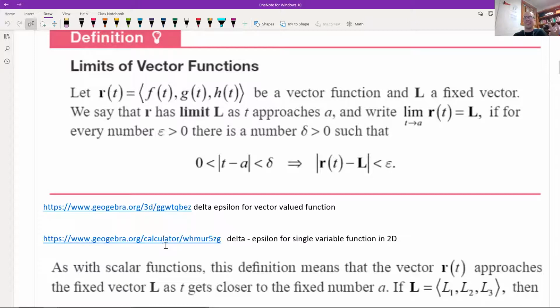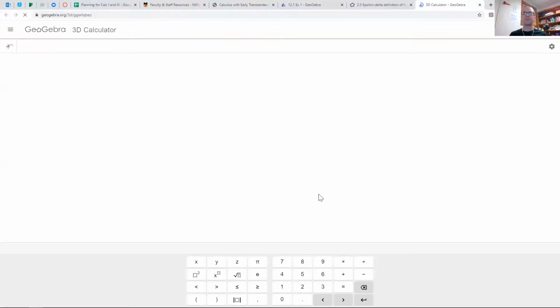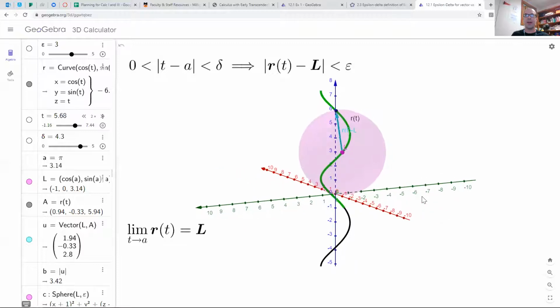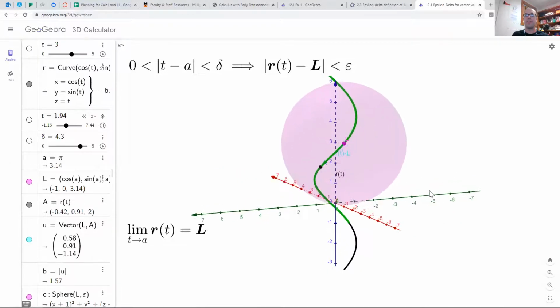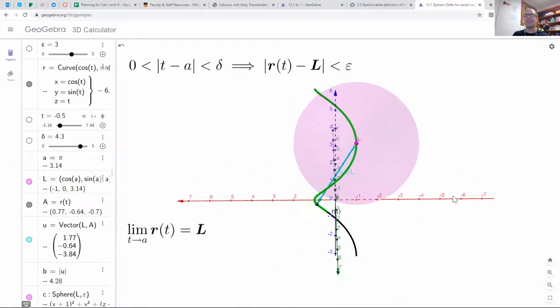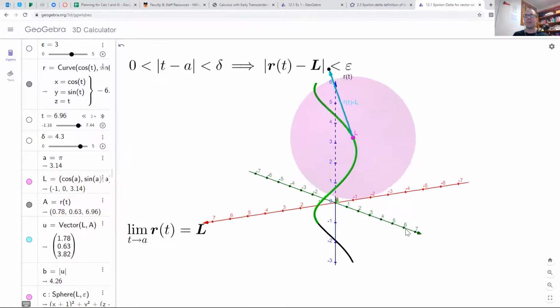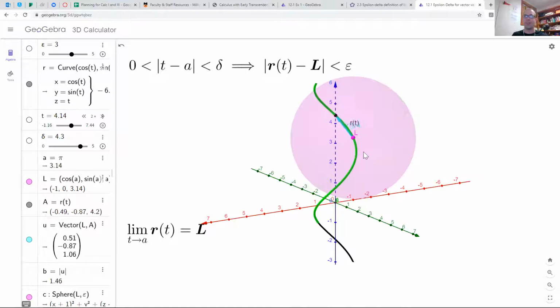We would call it an epsilon ball. So if I click on this, this is what the picture looks like. And I know it's kind of wild. But L, our limiting value, is a point in 3D space, or you can think of it as a vector.